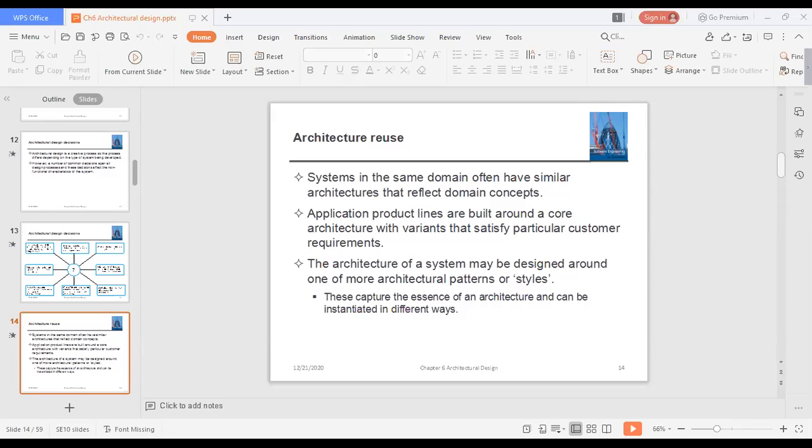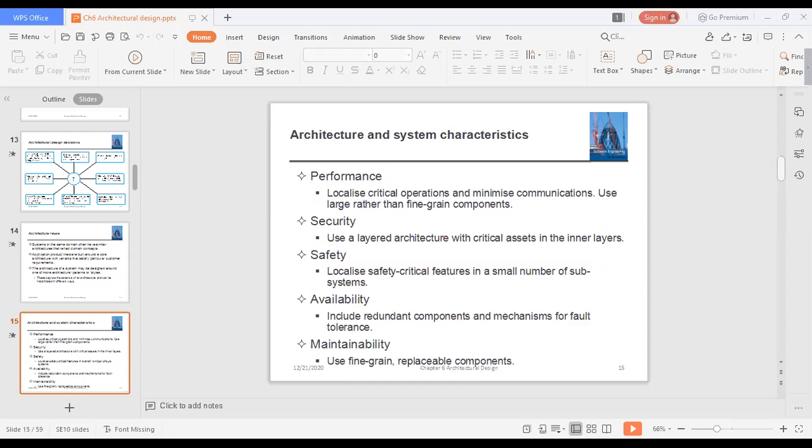So that is about reuse. These are again the same things: in architecture and system characteristics, as I told you, performance, security, safety, availability, maintainability, all these are again the factors, especially the non-functional properties or requirements.